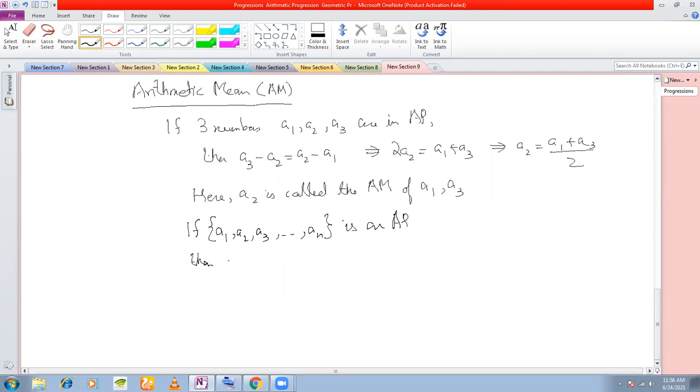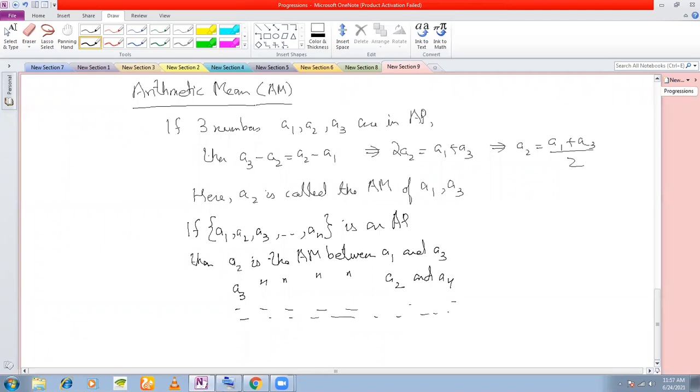Then we can say A2 is the AM between A1 and A3. We can say A3 is the AM between A2 and A4, right? And so on. This will continue. Yes. Okay. So this is a very important concept of arithmetic mean.